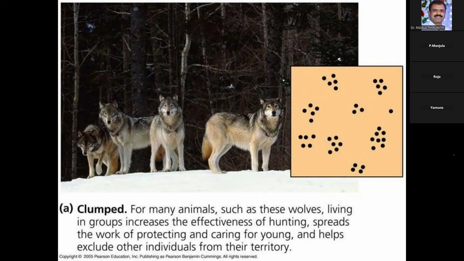It also helps spread the work of protecting and caring for young ones, and helps exclude other individuals from their territory, so they cannot allow others in. So this one is the clumped dispersion.